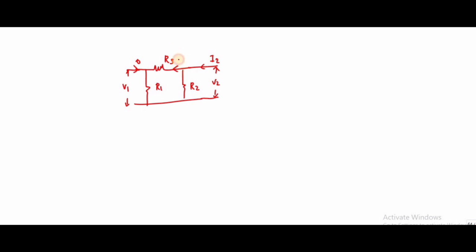So let me term this one as IB. So this is nothing but I2 minus IB, according to Kirchhoff's current law, because if I add, I will get I2. So I2 is my overall current. So V2, I can write as V2 is equal to I2 minus IB into R2, that is equal to I2 R2 minus IB R2.